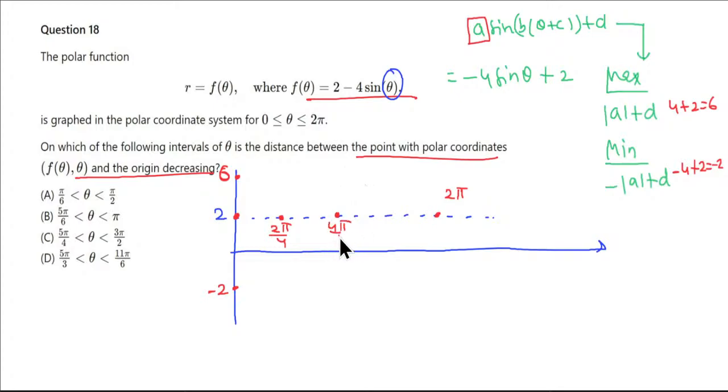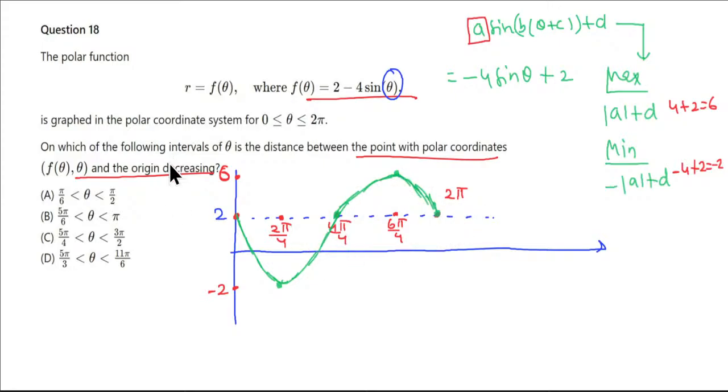Then 4 pi over 4, and then 6 pi over 4, and then 8 pi over 4 is just 2 pi. So at 2 pi over 4, it's going to hit the minima. At 4 pi over 4, midline, 6 pi over 4, maxima, and then 2 pi again, the midline. So it's going to go like this, then this, then this, then this.